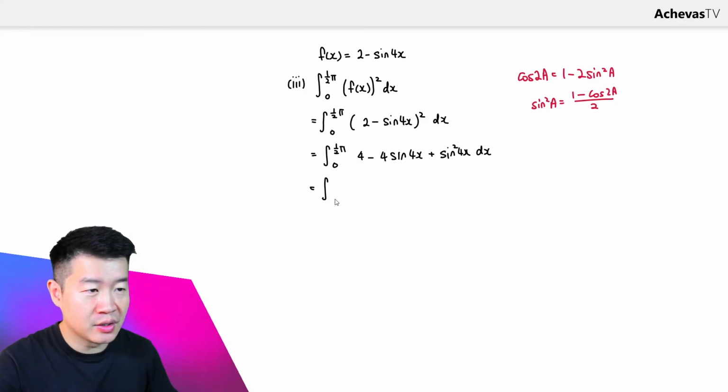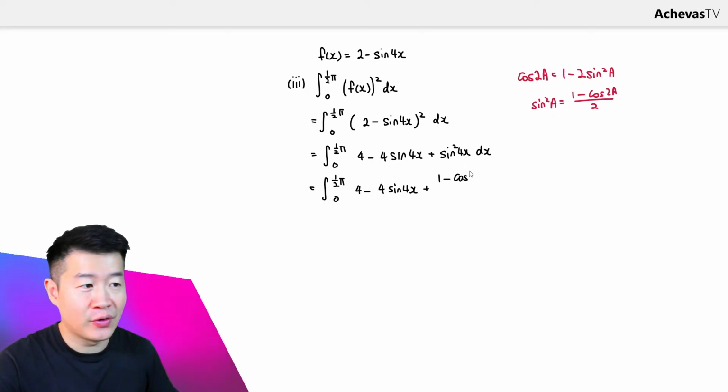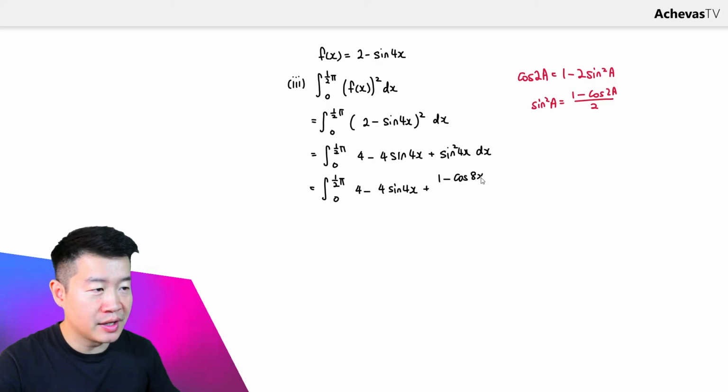So let's try to re-express this using this trigonometric identity. This is going to be integration from 0 to half pi of 4 minus 4 sine 4x, and this is going to be now 1 minus cosine, where A is this 4x. So cosine of 2 times 4x will be 8x, and this divided by 2.